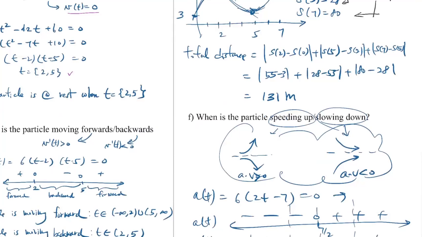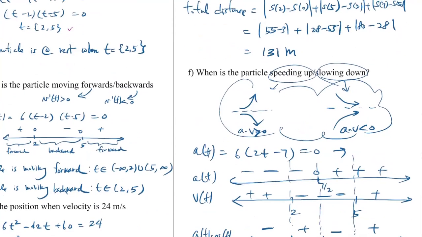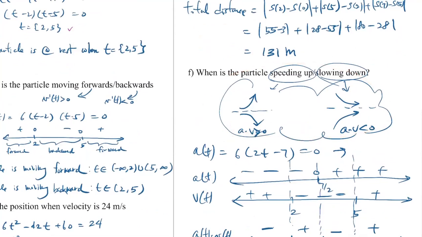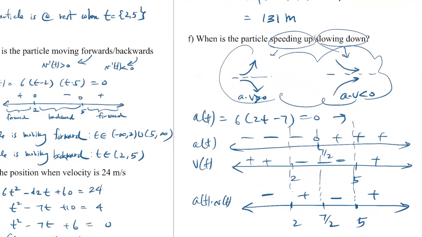So when is it speeding up or slowing down? As I mentioned before, guys, I prefer to think of it this way. But I did go ahead and find the acceleration. And then t is equal to 7 over 2, right? To the right is all positive, to the left is all negative. For v of t, I just overlaid the two graphs. See the product over here, guys? Basically, it's 0 here and here.